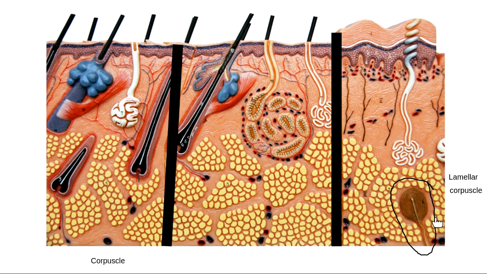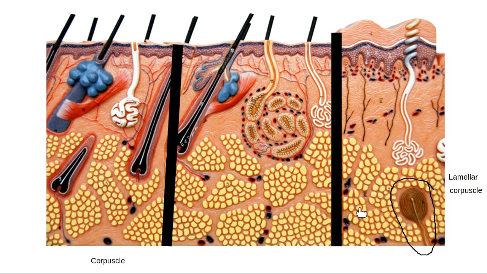Lamellar corpuscles are always found very deep in the skin. They're found down in the hypodermis layer. By the way, the way we know we're in the hypodermis here is the type of tissue that I see. What is this yellow stuff representing right here? What kind of tissue is this yellow stuff?